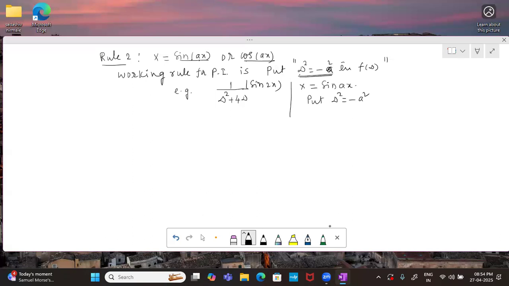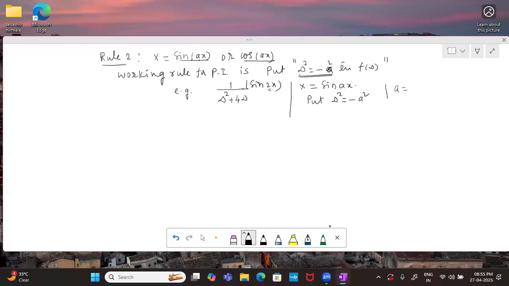Now, if we compare capital X with our function in the problem, you will find that a will be 2.